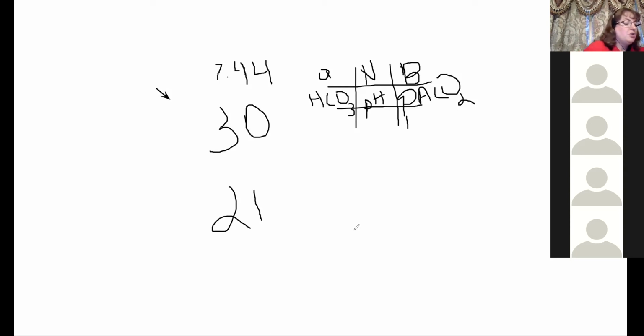This is fully compensated because our pH is under the normal column. So this means that all of our body's things that it tries to do to get our pH back to normal were successful because it did get our pH back to normal, even though these things aren't quite back to normal. So that is compensated. So that would be part of this.